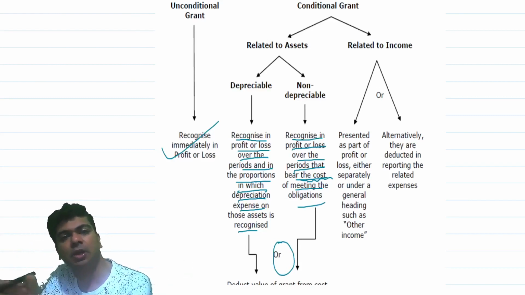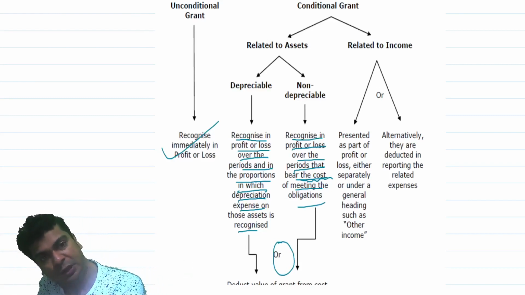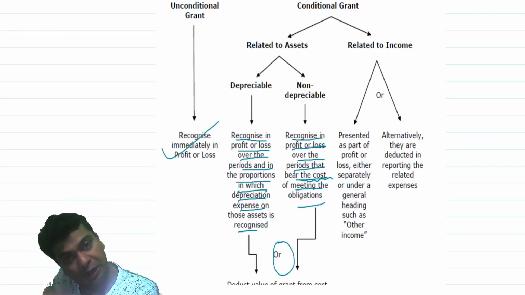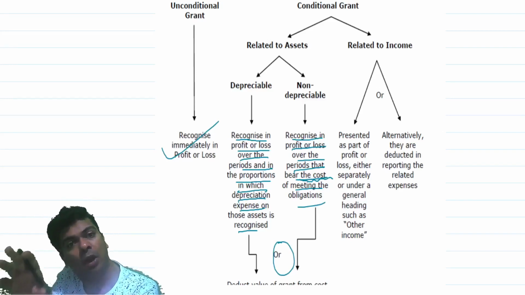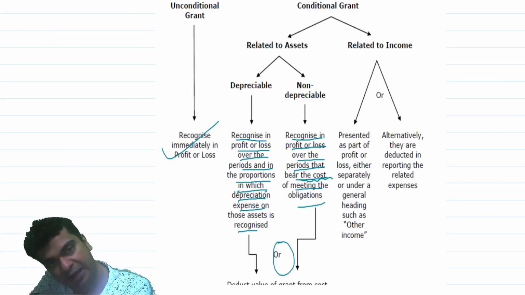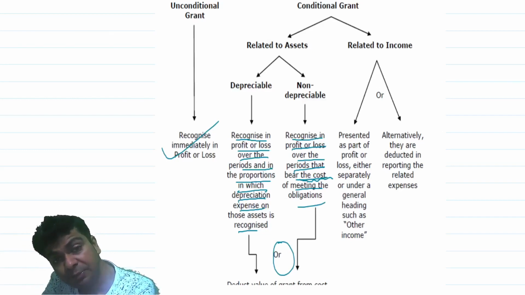You establish an industrial unit in a backward district. Then they are saying that whatever employment you are providing, 30% or 20% of the employment has to be given to locals, people who are living around that particular area. Those people have to be employed.